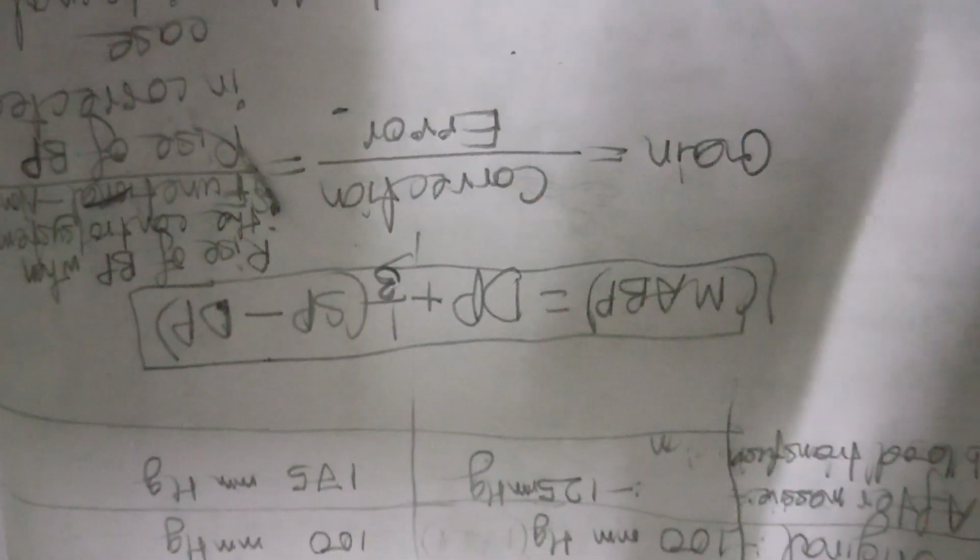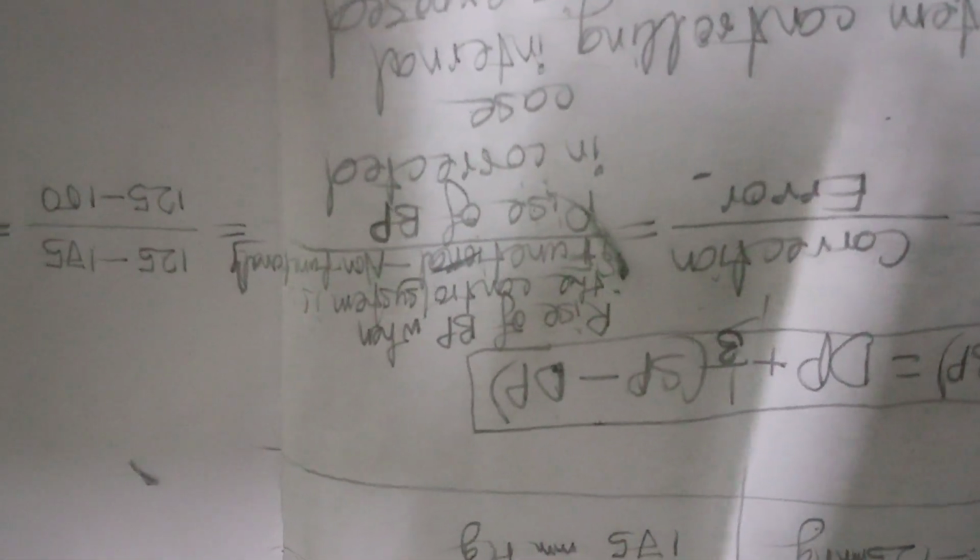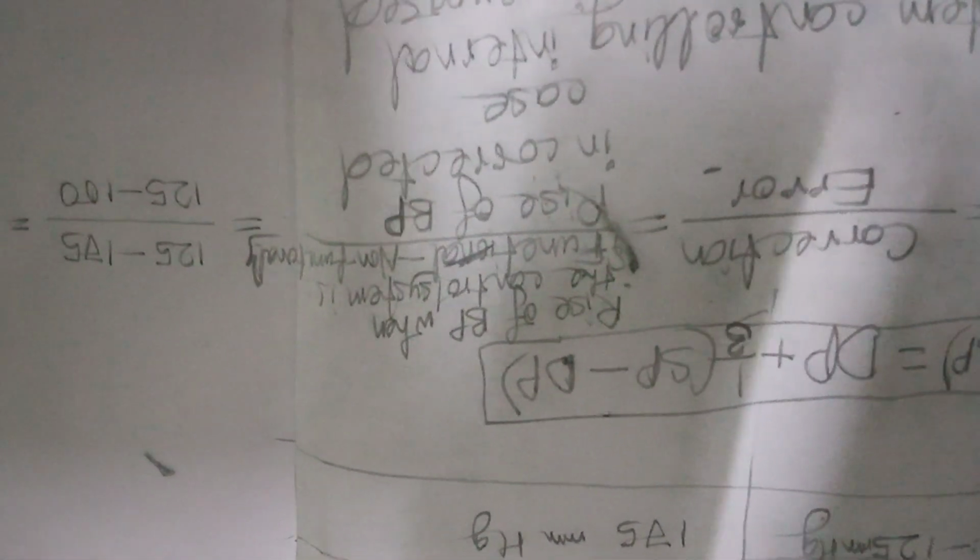So how to calculate the gain? Gain equals correction by error. Correction equals the rise of blood pressure when the control system is functional minus the rise when it is non-functional.